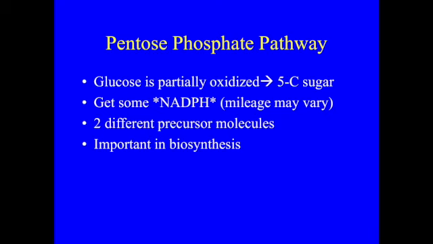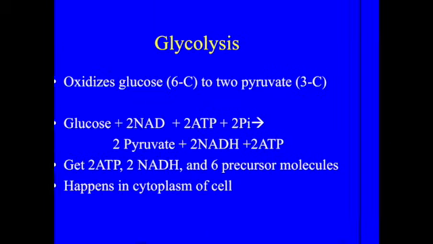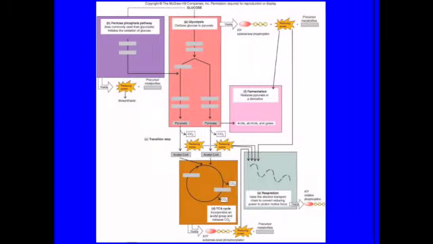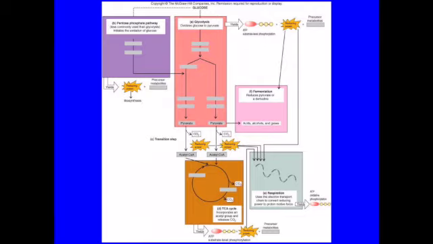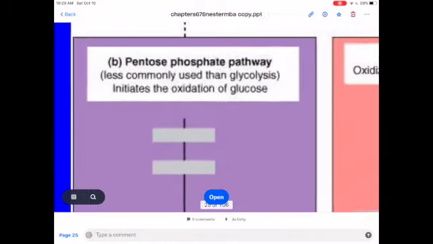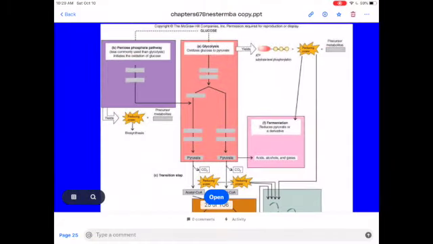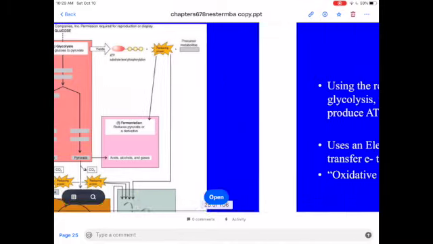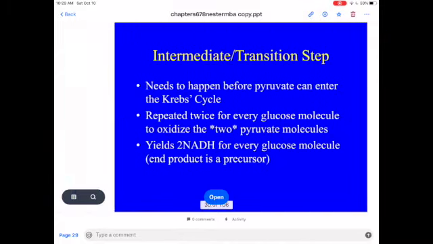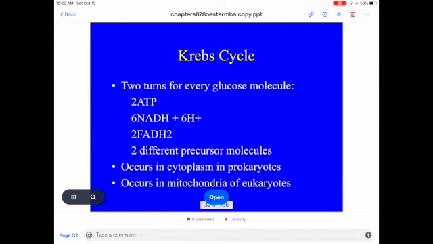I'm not going to have you worry about this except when we talked about it back here, and how it feeds into glycolysis. And that's for when organisms don't have the enzyme to get glycolysis going. So let's get back up here. See what I mean? I play around with moving these slides around too much.